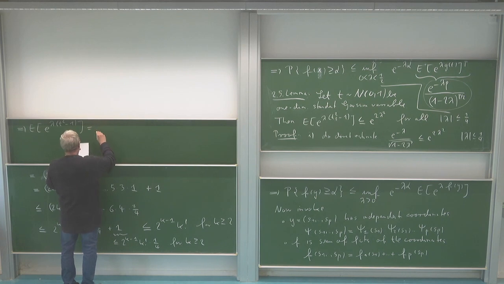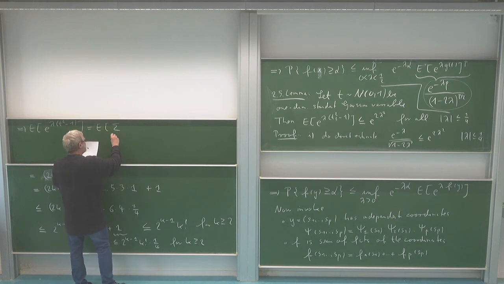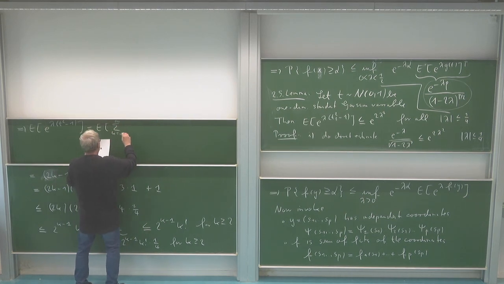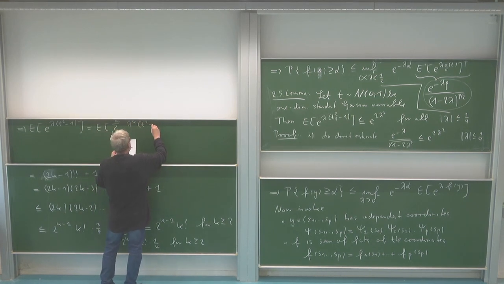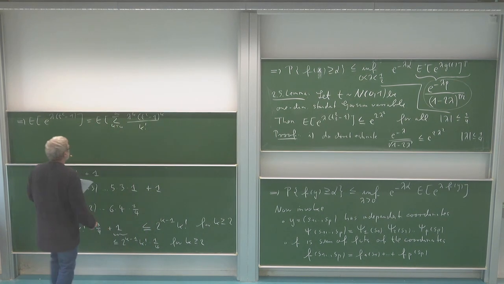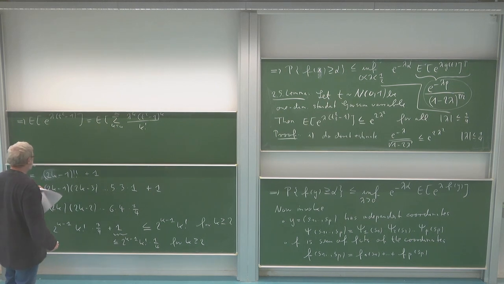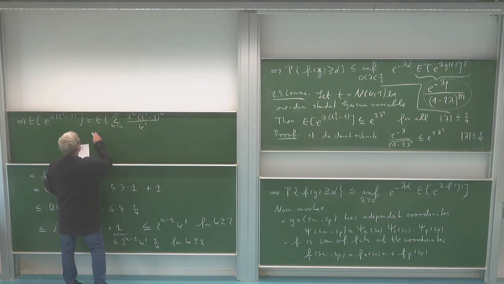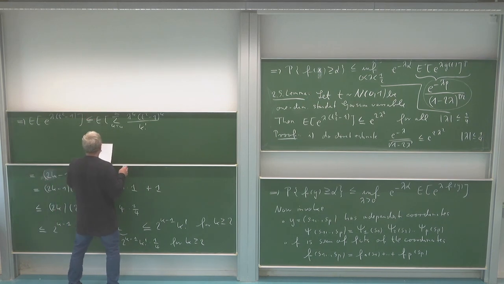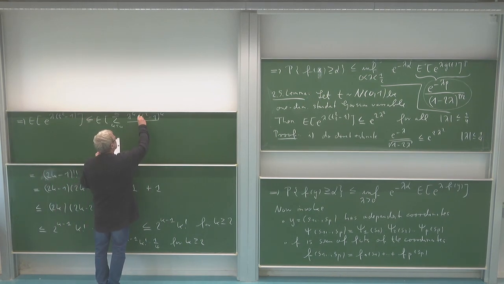So this is the expectation of the sum k from 0 to infinity, lambda to the k, t squared minus 1 to the k divided by k factorial. Okay, and then what I have calculated here was essentially an estimate where I had the absolute value here. So I can estimate this against where I'm also putting the absolute value here.